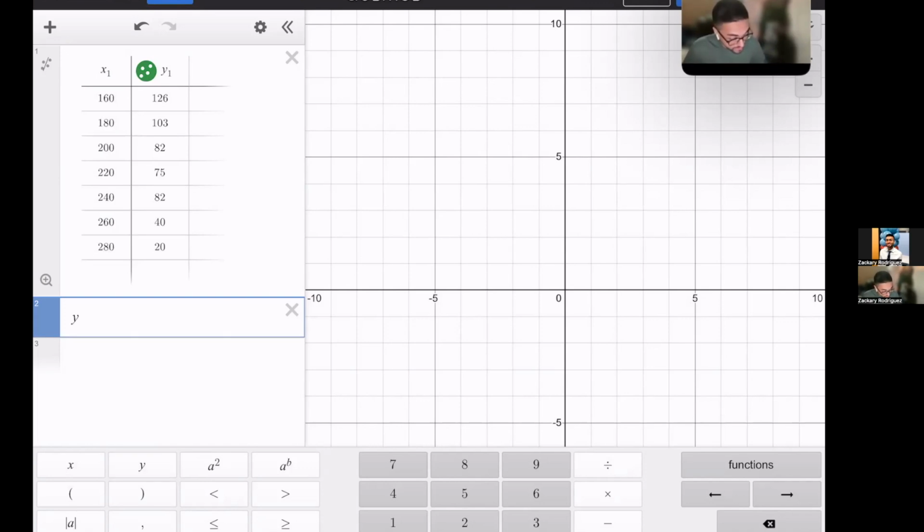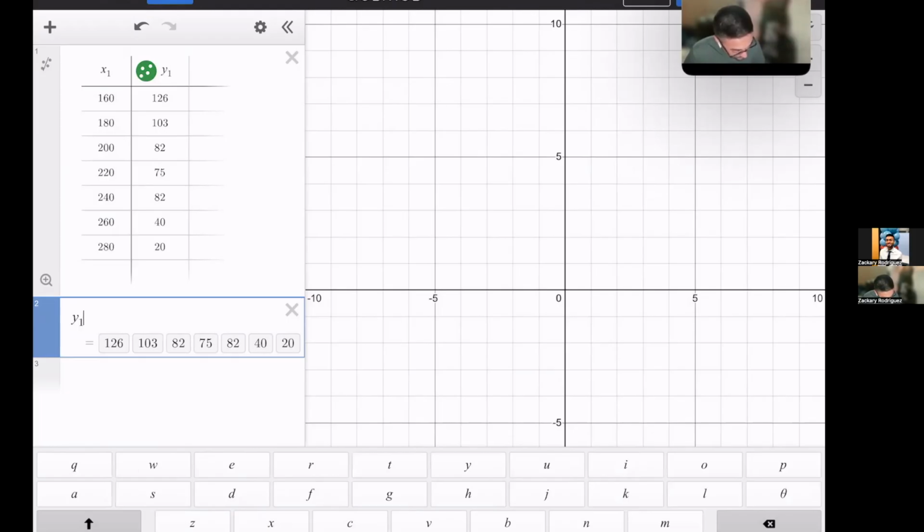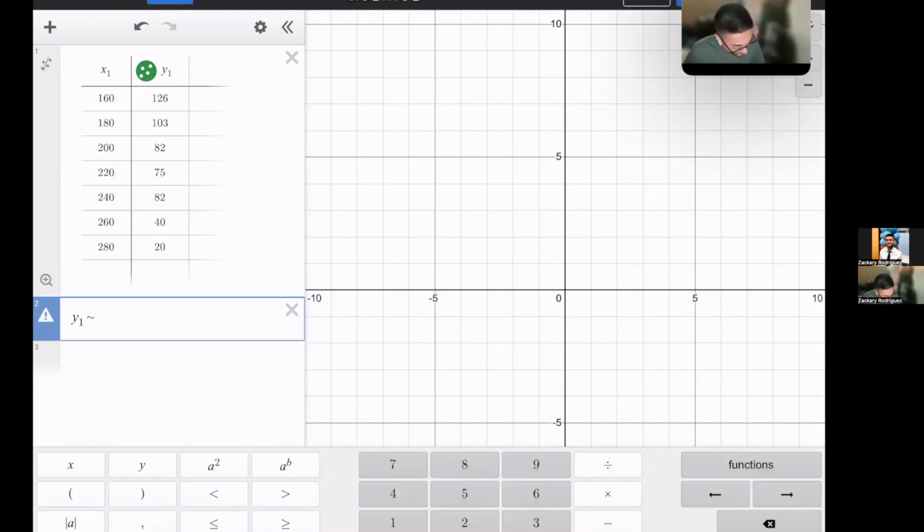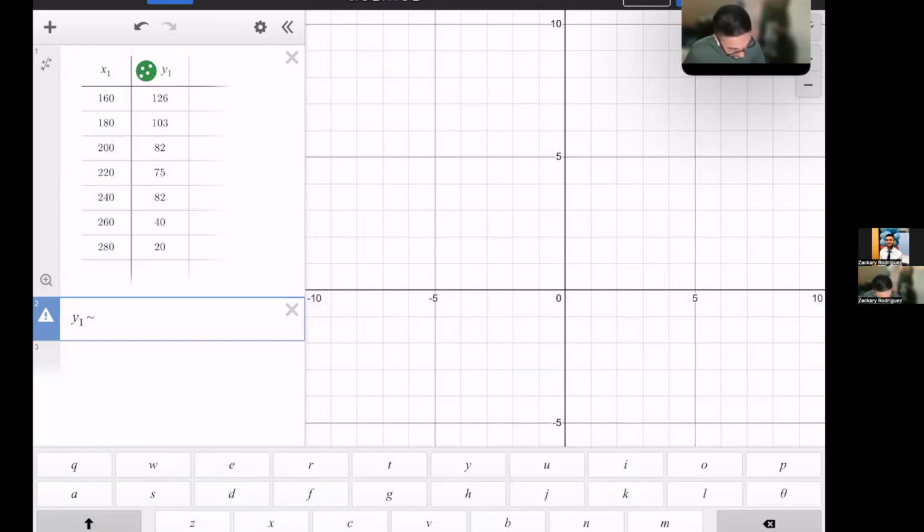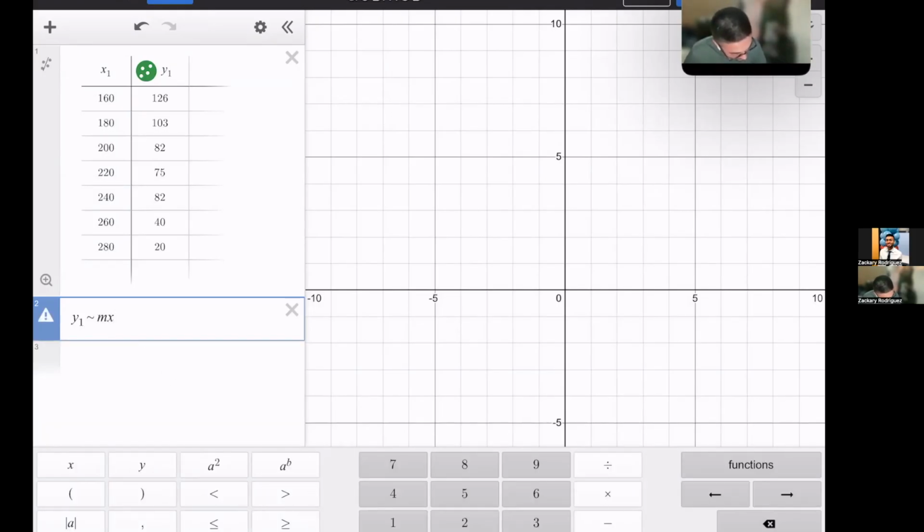You're going to do y1 squiggle, or tilde. Where is the squiggle? There it is. Squiggle m x1 plus b.